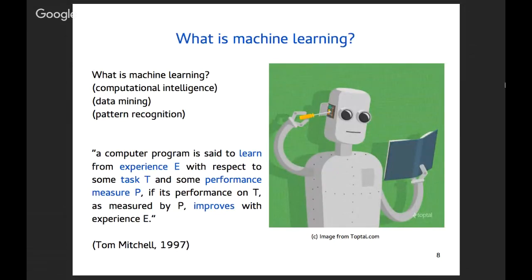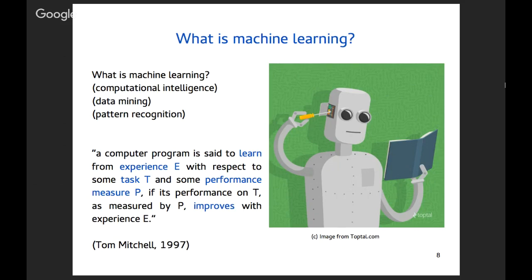So the computer can learn from a particular experience with respect to a task, and it's measured with a performance measure, if its performance on the task improves. That gives better results. So as time goes by, the more iterations your robot, your computer, your technology item does, the better results it gets.